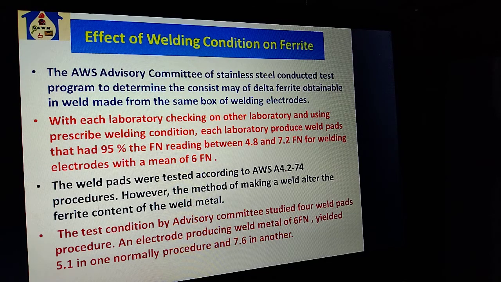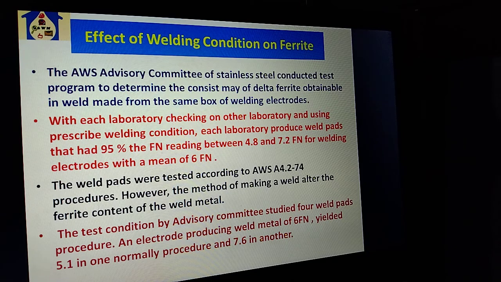Effect of welding conditions. The AWS Advisory Committee on Stainless Steel conducted a test program to determine the consistency of delta ferrite obtainable in weld metal from the same box of weld electrode.